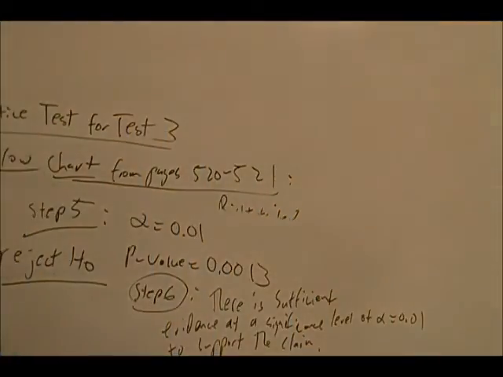So there is sufficient evidence in this case, at a significance level of alpha equals 0.01, to support the claim that the mean lifetime of a single battery, of all the batteries, is greater than 54 hours.